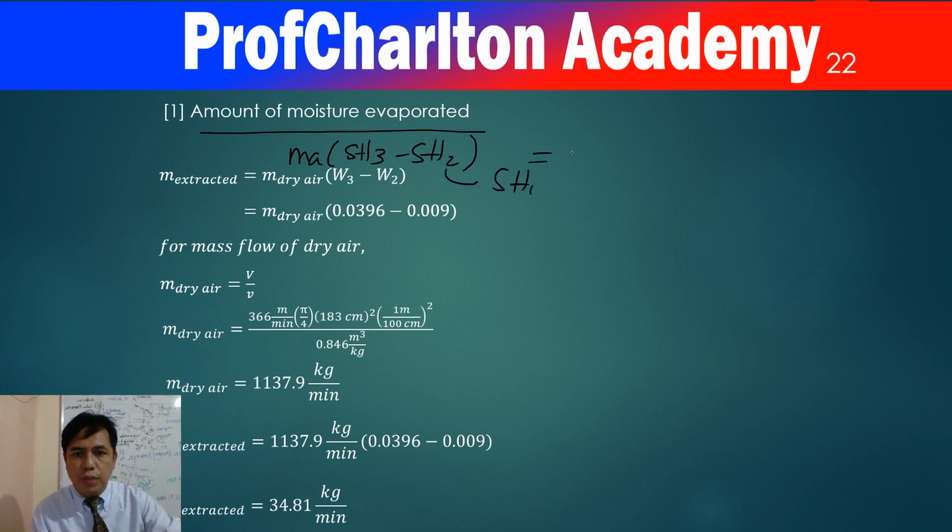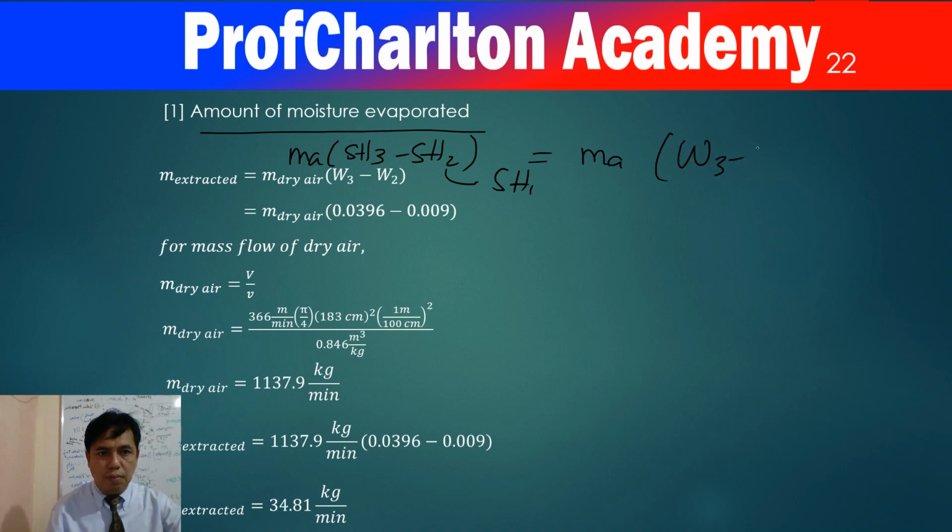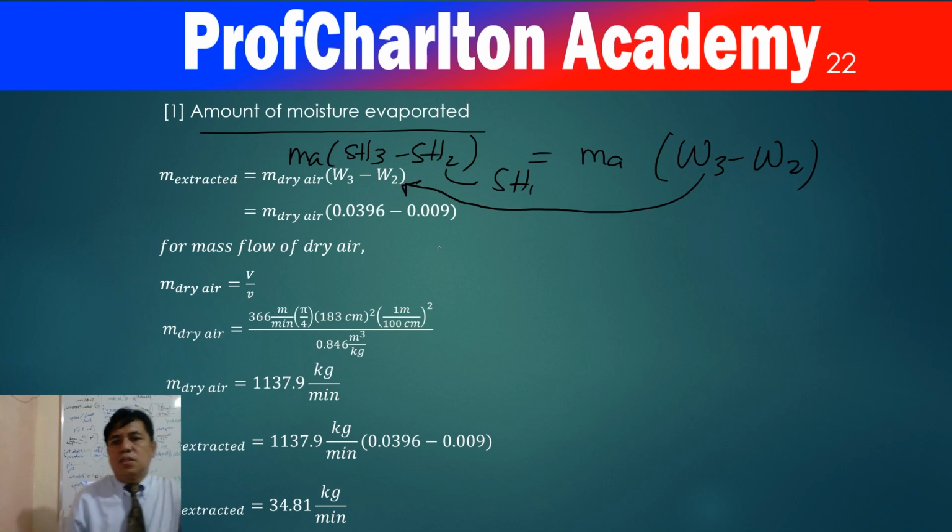So if we rewrite it, that is mass of air times W3 minus W2. So it's like this, right? So what is our mass of air? Mass of dry air. Do we have mass of dry air?